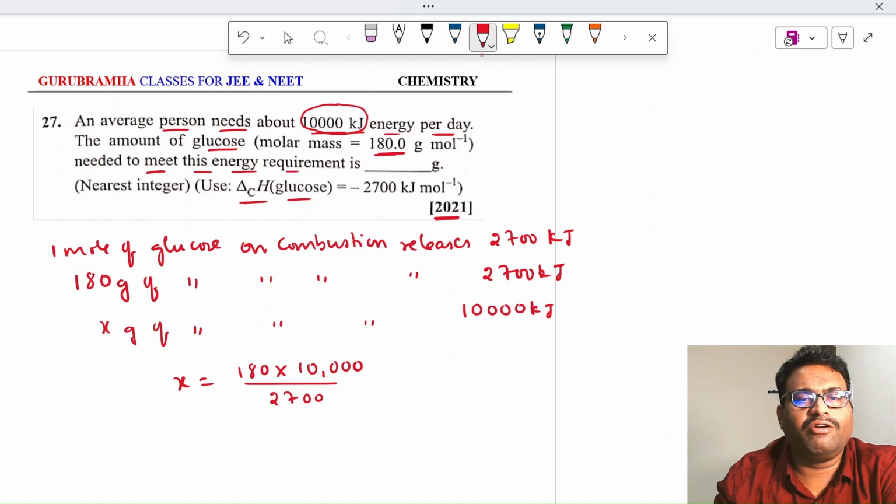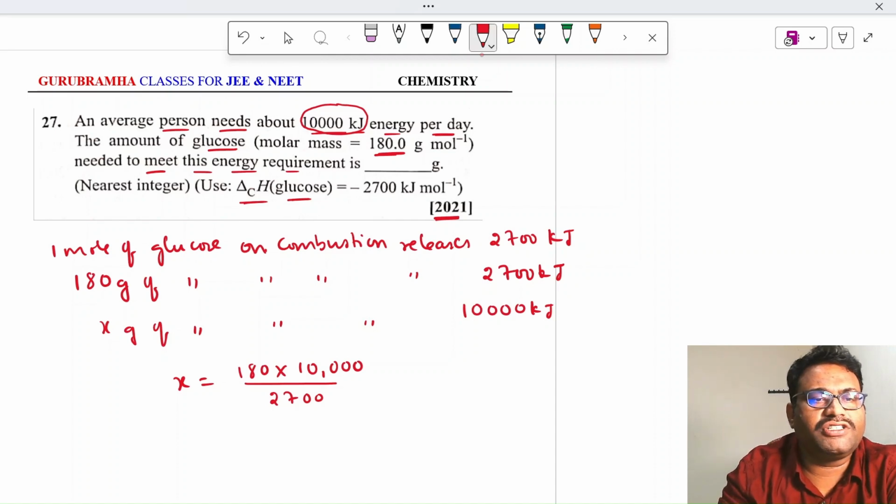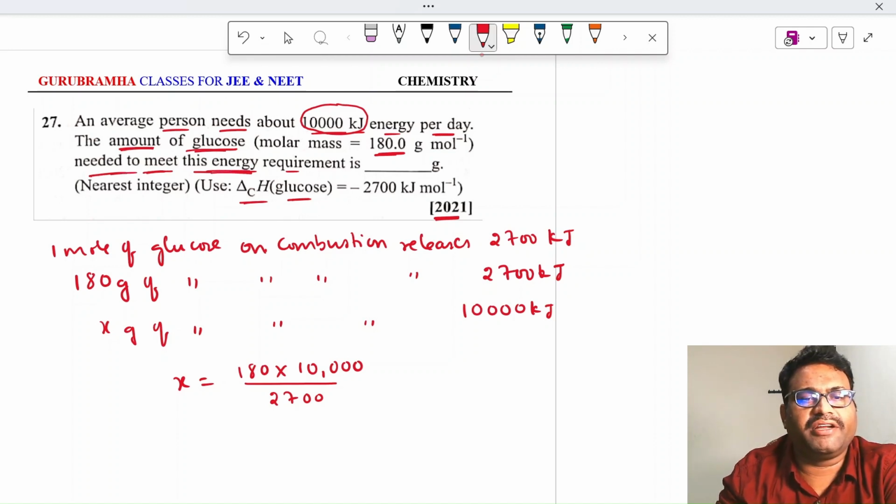Per day, how much energy is required for an average person? 10,000 kilojoules. So how many grams of glucose produce 10,000? The amount of glucose needed to meet this energy requirement, to meet this 10,000 kilojoules of energy per day.